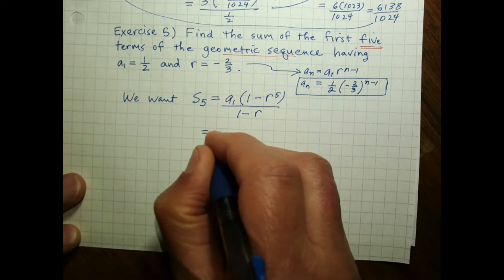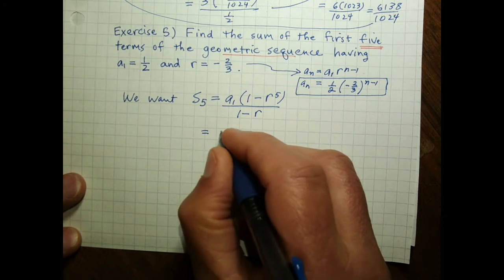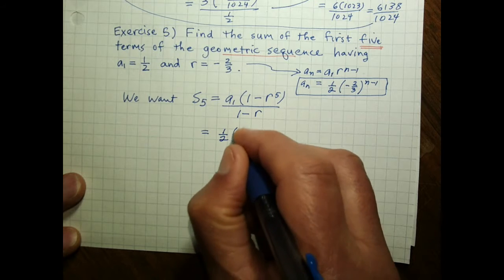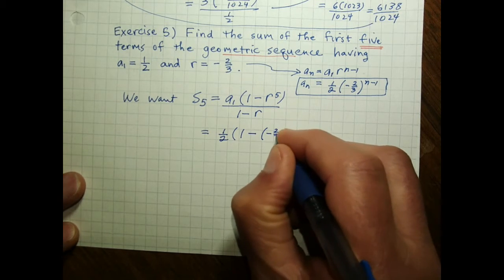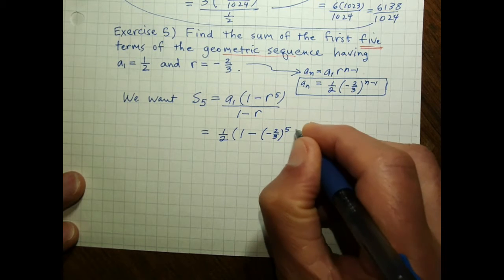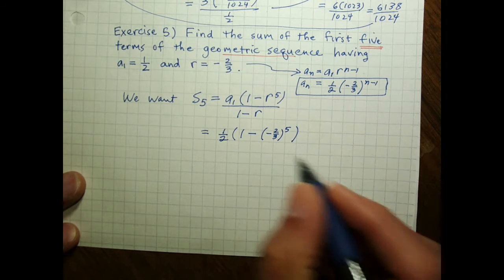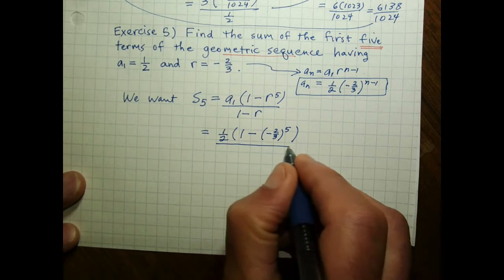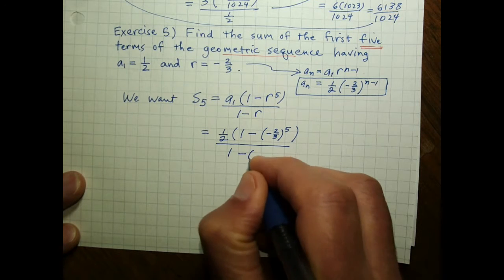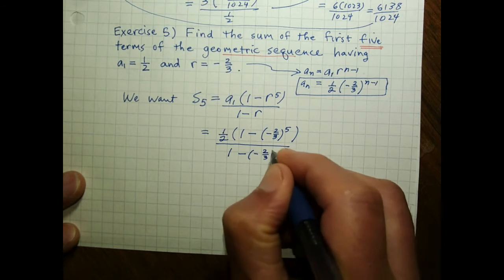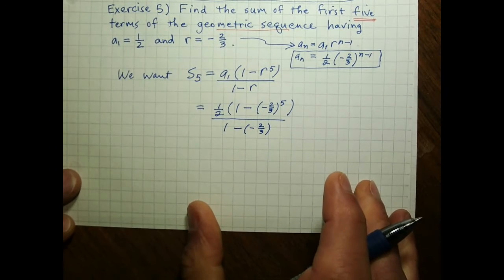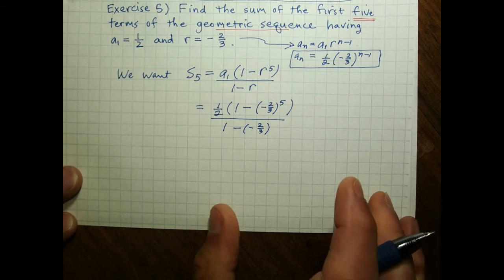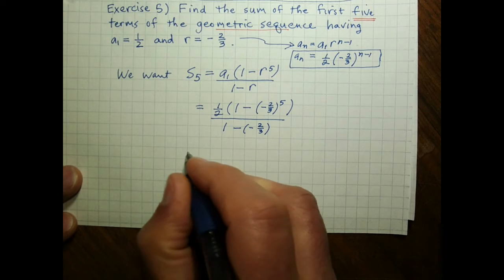So let's plug in. A1 is 1/2 times 1 minus, now I have negative 2/3 to the fifth power, I got minus a negative 2/3 to the fifth over 1 minus a negative 2/3. So one point of what we're doing here is just having a messy problem where we have to deal with quite a few minus signs all over the place.